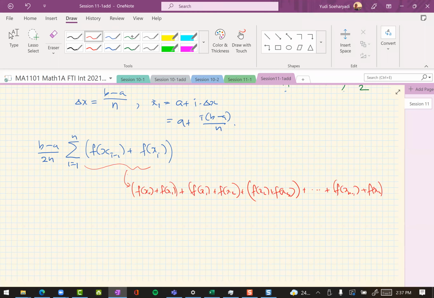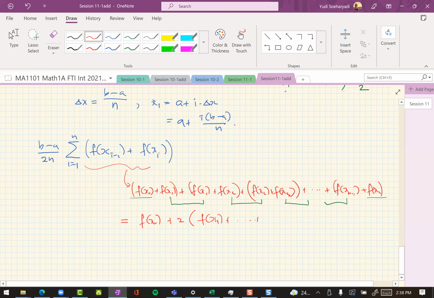You see this one appears twice, this appears twice, this appears twice. Only the first one and the last one appear once. So that means this will just give you two times the middle terms and this one.